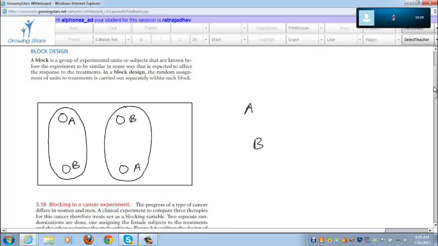The progress of a type of cancer differs in women and men. A clinical experiment to compare three therapies for this cancer therefore treats sex as a blocking variable. Two separate randomizations are done, one assigning the female subjects to the treatments and the other assigning the male subjects, because it's known beforehand that males and females differ in the progress of the type of cancer.